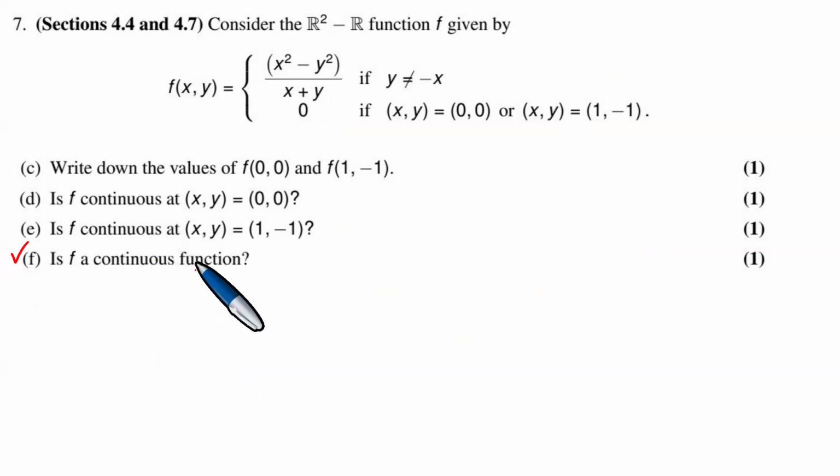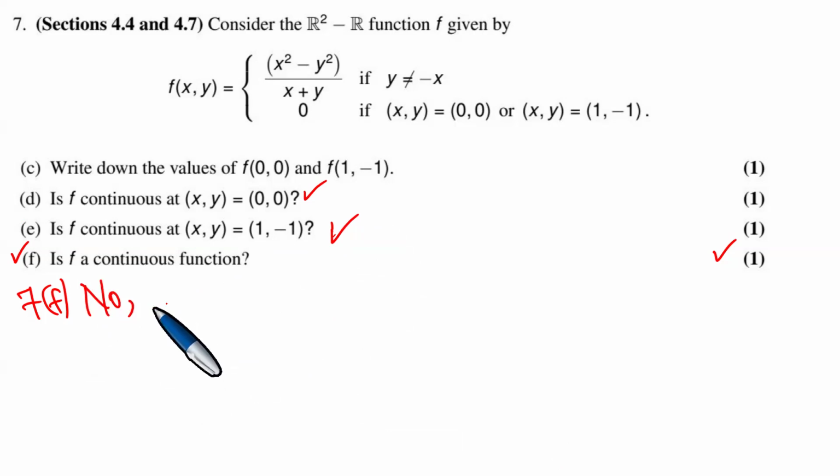Is F a continuous function? Generally, is it continuous? It is not continuous at this one, and yet it is continuous at that point. But is it continuous then? Well, obviously it is not, because if it is continuous, it must be continuous at every point. So no.